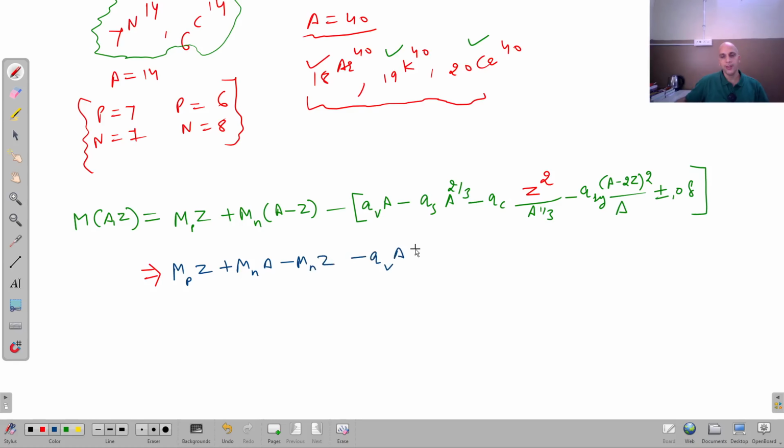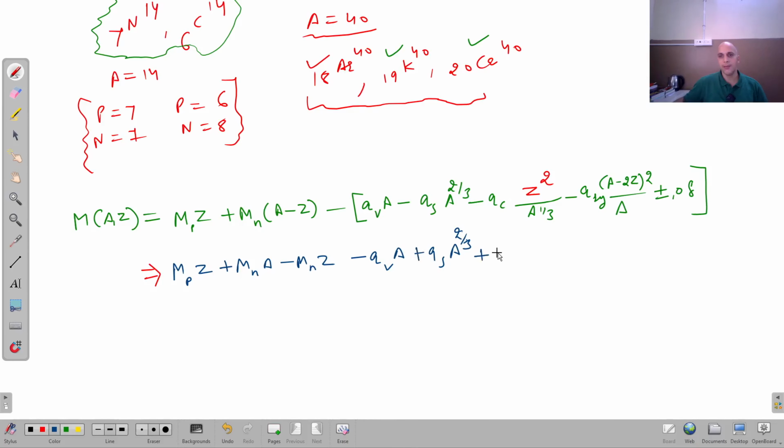minus A_V into A, right, minus A_S into A power 2/3. Then now it is minus, so it will become plus, right.